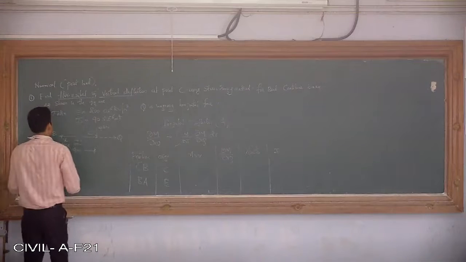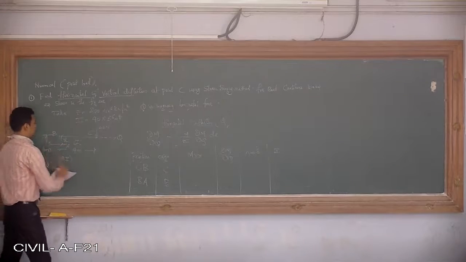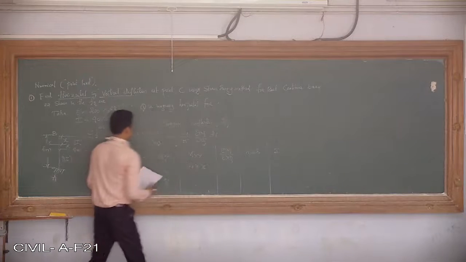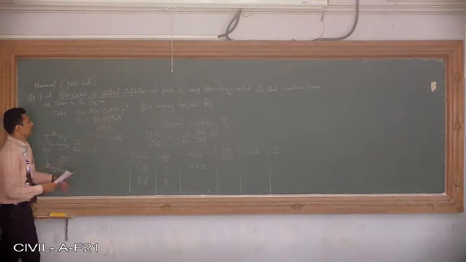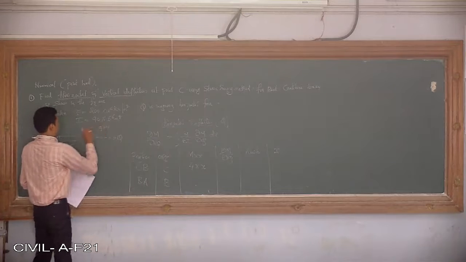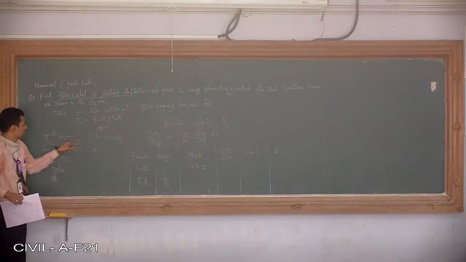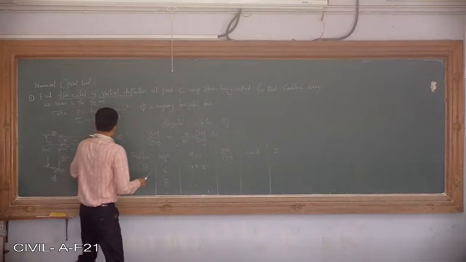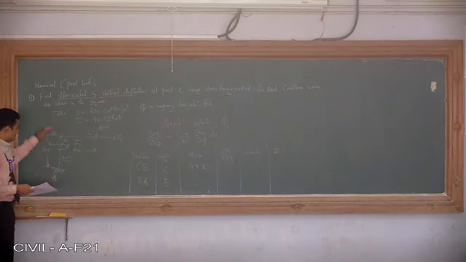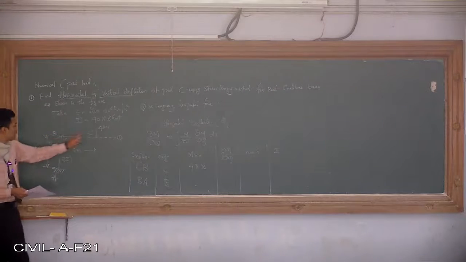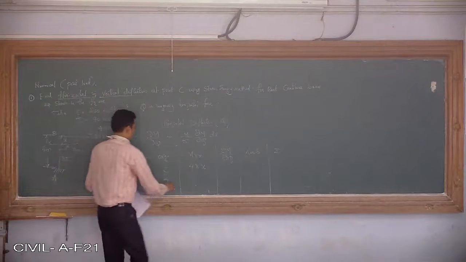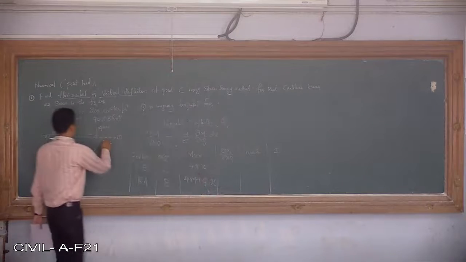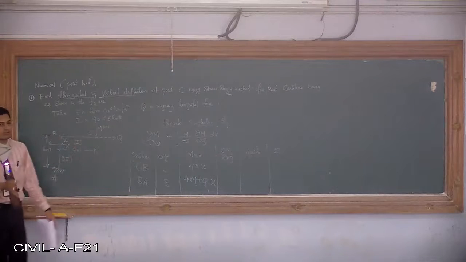It is 4 into x, the moment about C. This is the 4 kilonewton vertical force into its perpendicular distance, 4 into x. Next, the moment in section BA will be 4 into 4 plus Q into x.